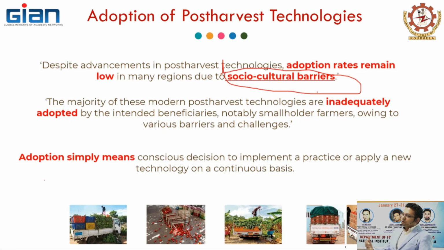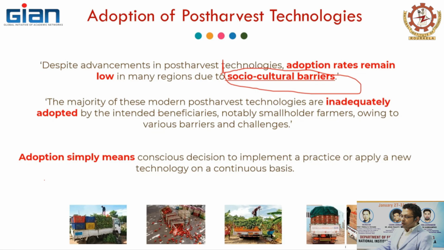For example, in some countries like Thailand and Malaysia, 80% of agricultural product goes to the processing side, meaning they try to reduce post-harvest losses, and every stakeholder is involved. But the case in other countries, like India, is not the same, for some reasons.